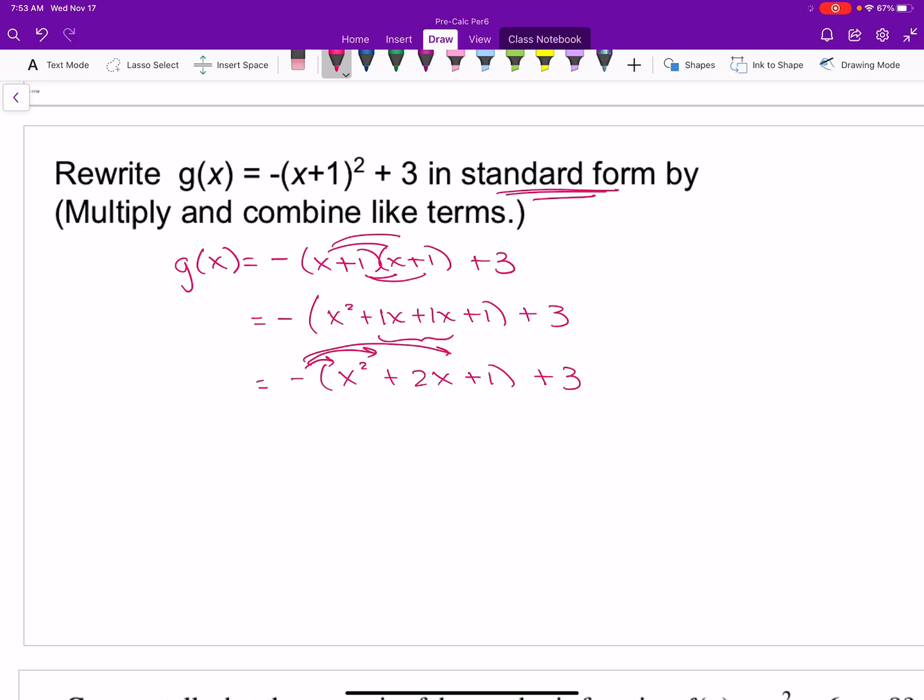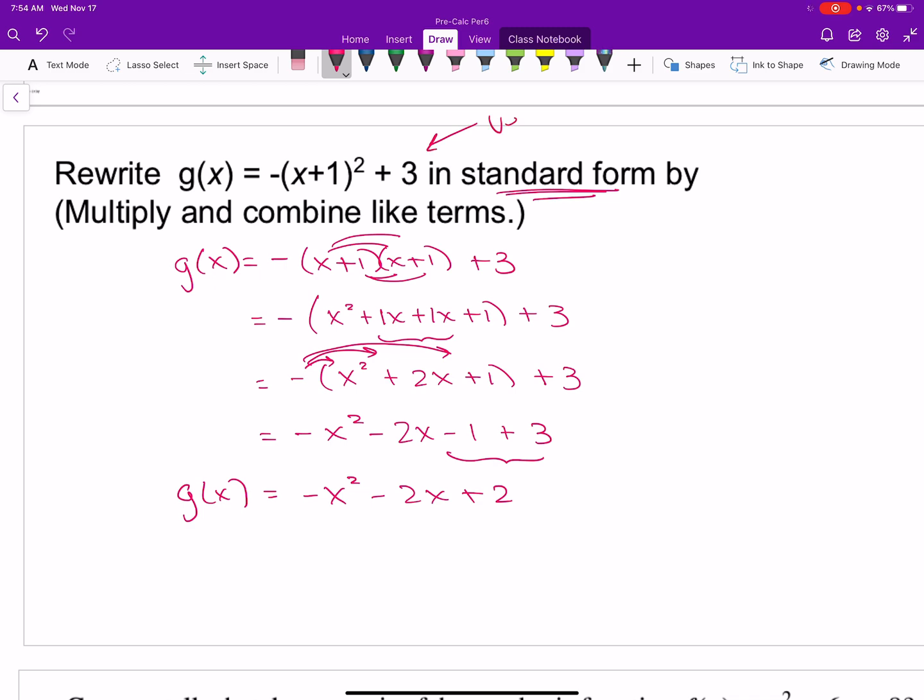Distribute the negative in. You get negative x squared, negative 2x, minus 1. The plus 3 is still on the end, so then combining like terms, we get negative x squared minus 2x plus 2.